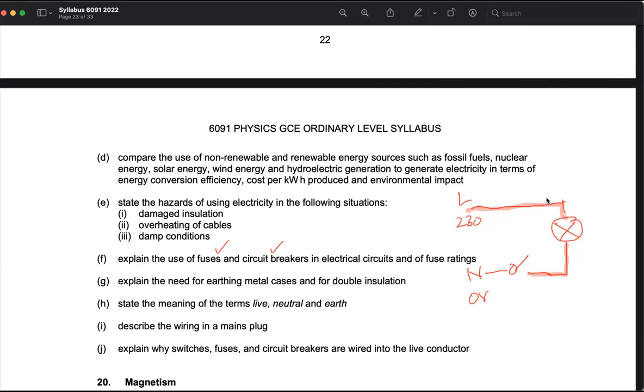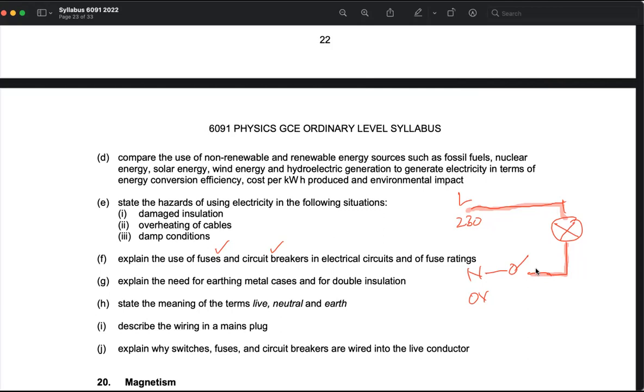If you put your finger here, what happens? If you put your finger anywhere along the highlighted place, you will get an electrical shock because your hand is 0 volt. There is a potential difference. Current will flow through you. It's very dangerous.